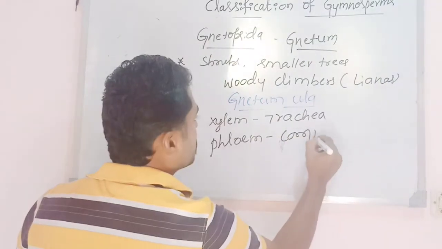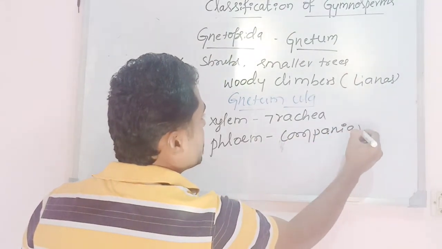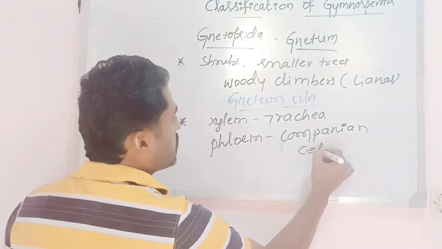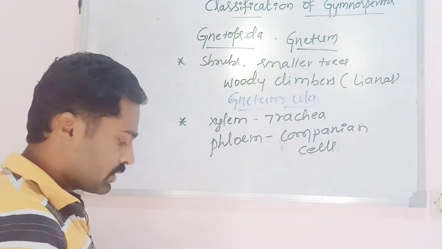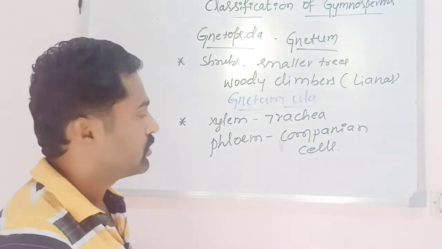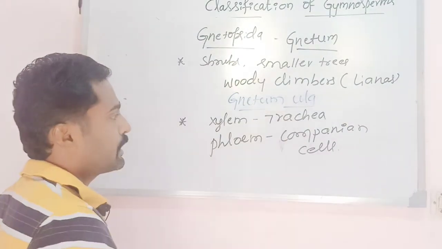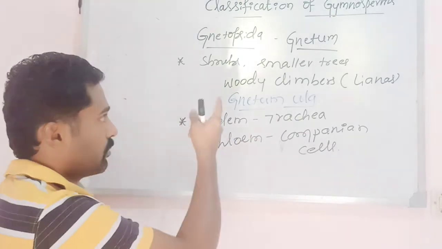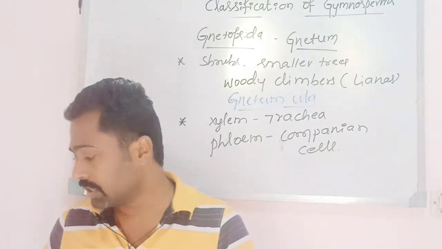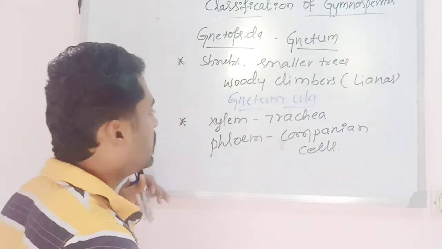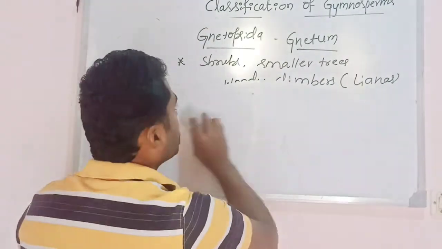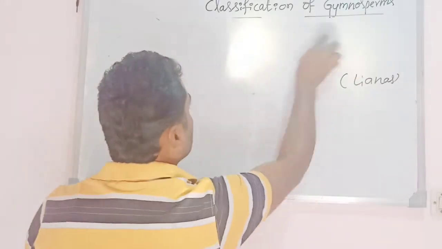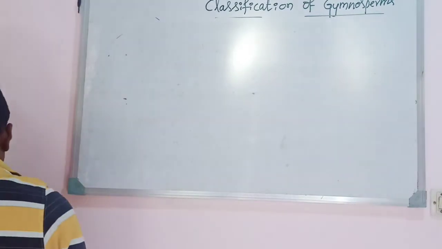The presence of vessels or trachea or companion cells is a character of angiosperms, but it can also be seen in the members of Gnetopsida, especially in Gnetum.